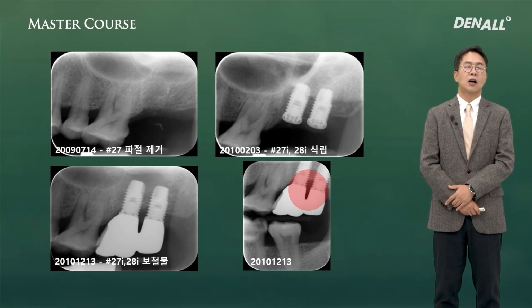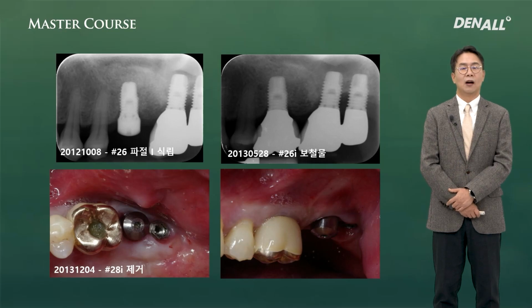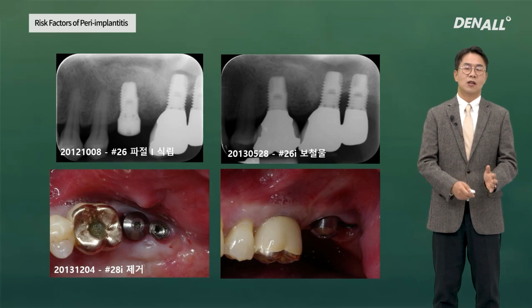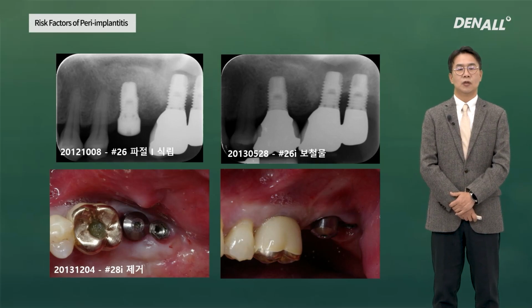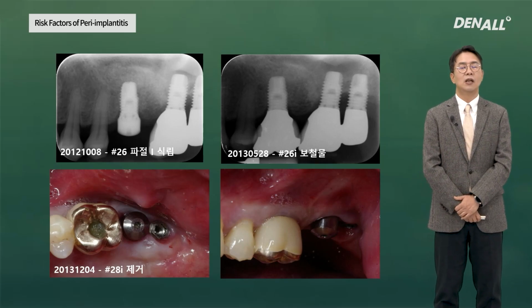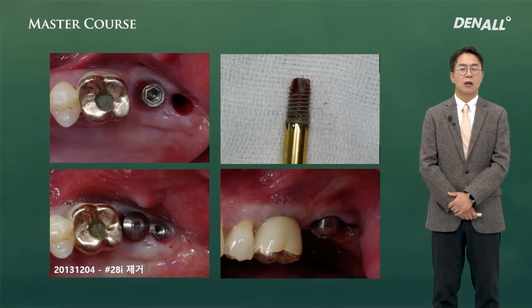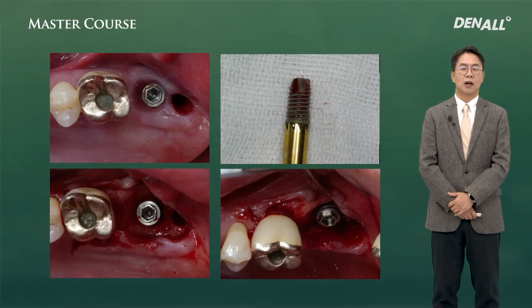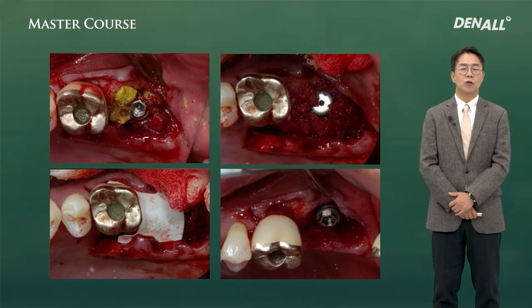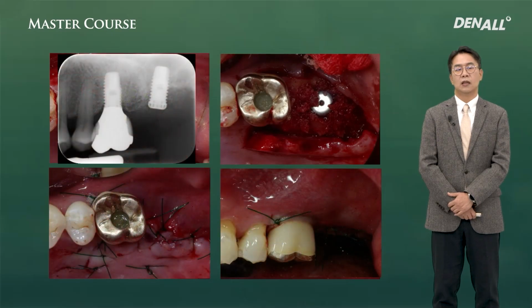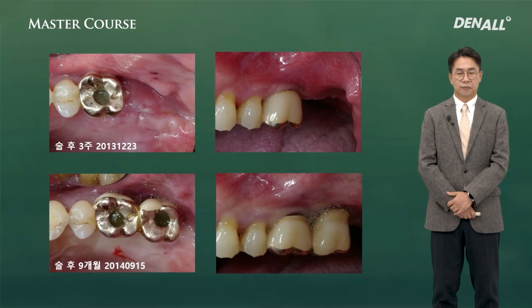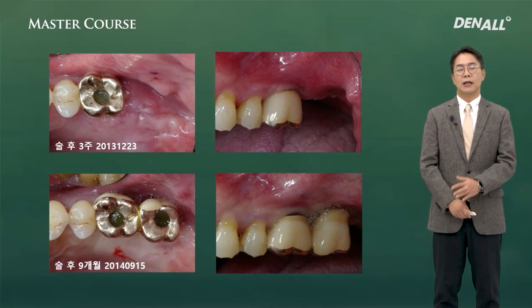I was wondering what to do, but an opportunity came. A tooth at number 6 broke, so we planned to place an implant there, and the number 8 is decided to be removed. The lost bone is regenerated. After the regeneration, prosthesis is connected again, and it is used up to now without a problem.